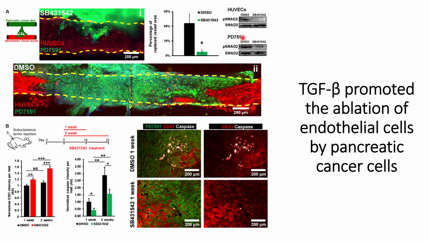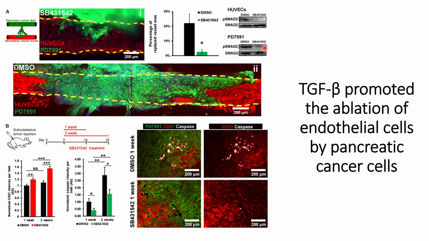And when they check the phosphorylated SMAD2, which is one of the signaling factors whenever this TGF-beta gets activated, in an experiment done in 2D cell culture, they can see that the phosphorylation of SMAD2 is reduced when they use SB431542, both in the case of these endothelial cells and also in the case of PD7591.